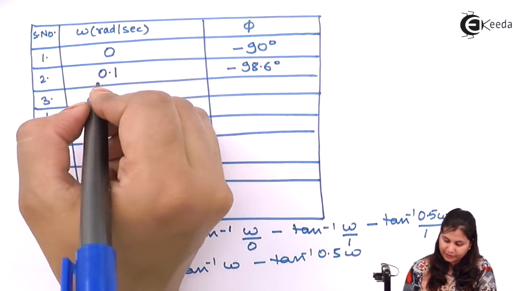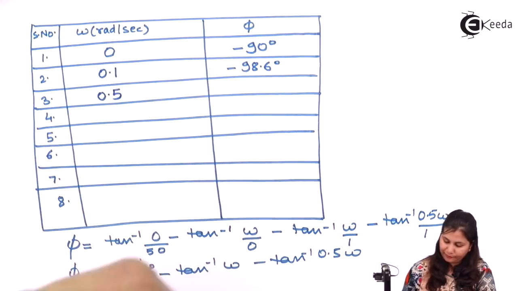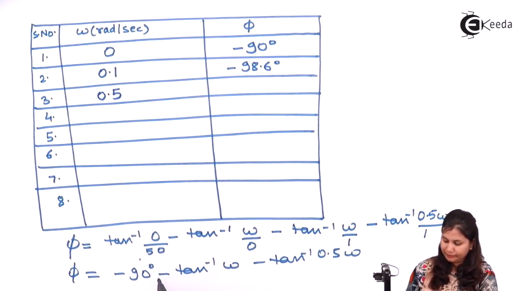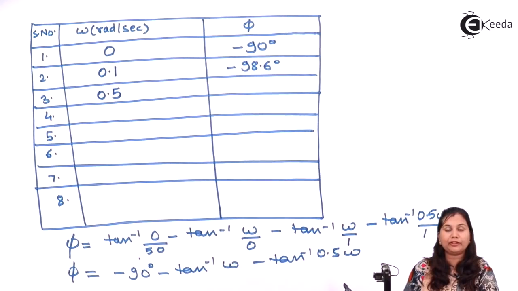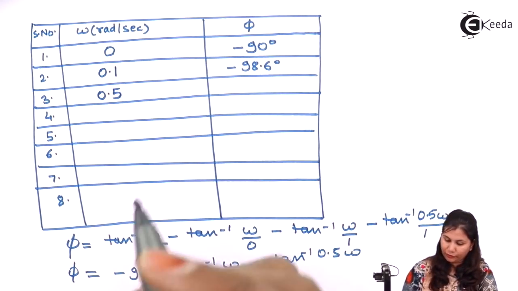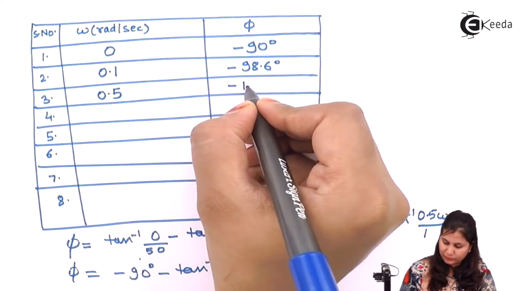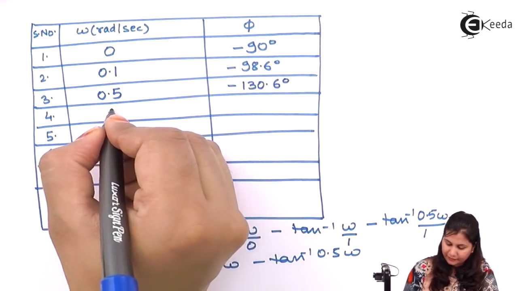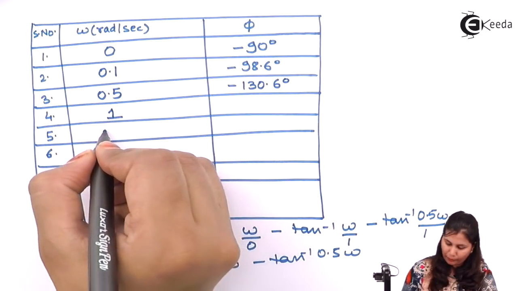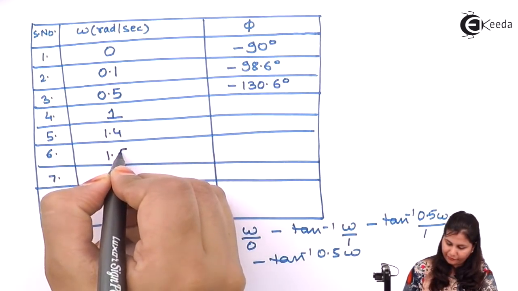Again take another value like 0.5. So here minus 90 degrees minus tan inverse of 0.5 minus tan inverse of 0.5 into 0.5, okay, so 0.25. So here the value of phi will come out to be minus 130.6 degrees. Similarly, take different values like 1, 1.4, 1.5, 2, 4.45.